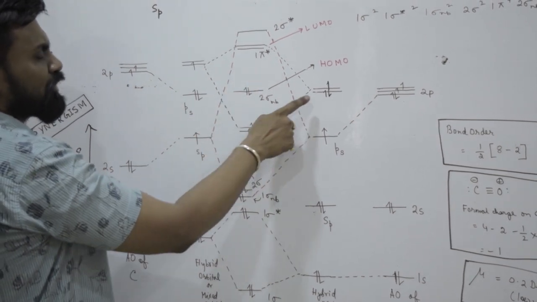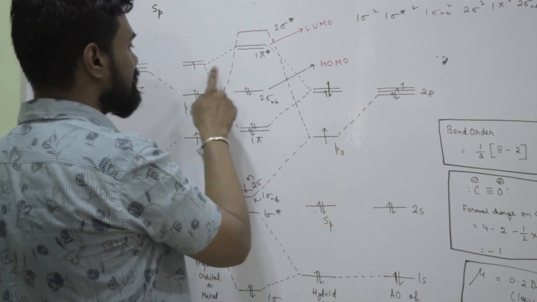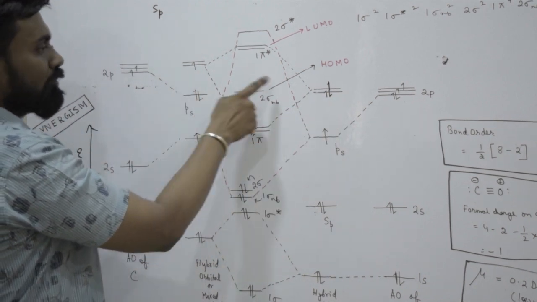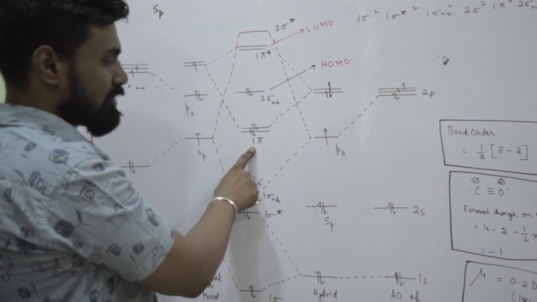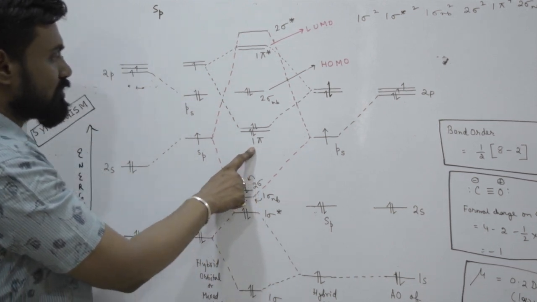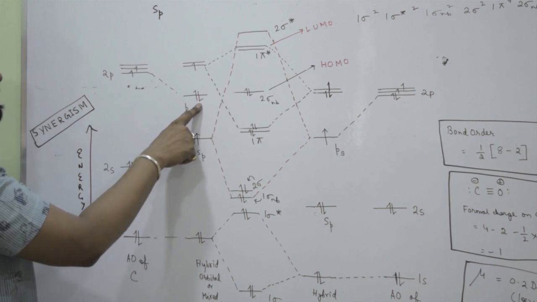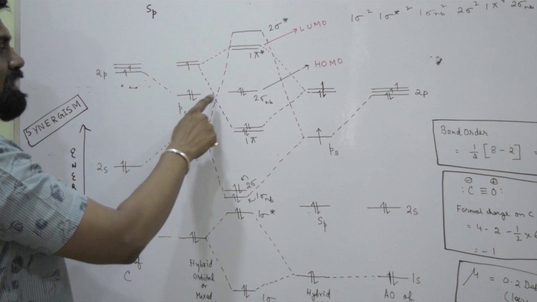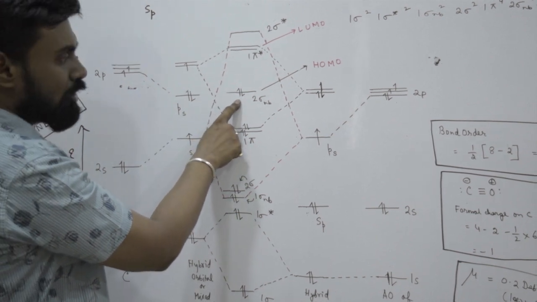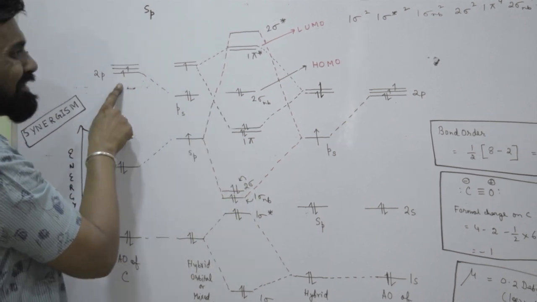How many electrons are there? 3 electrons here and 1 here, so 4 electrons have formed the 1 pi orbital. They have gone to the bonding situation. And this ps forms a non-bonding orbital which is localized on carbon.